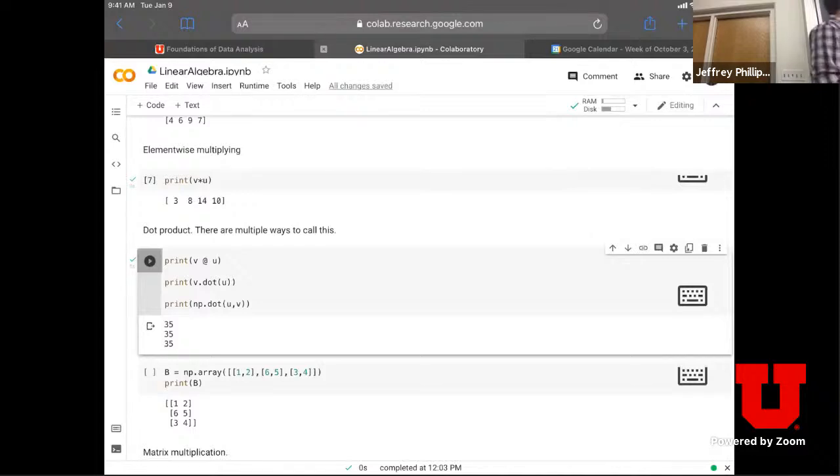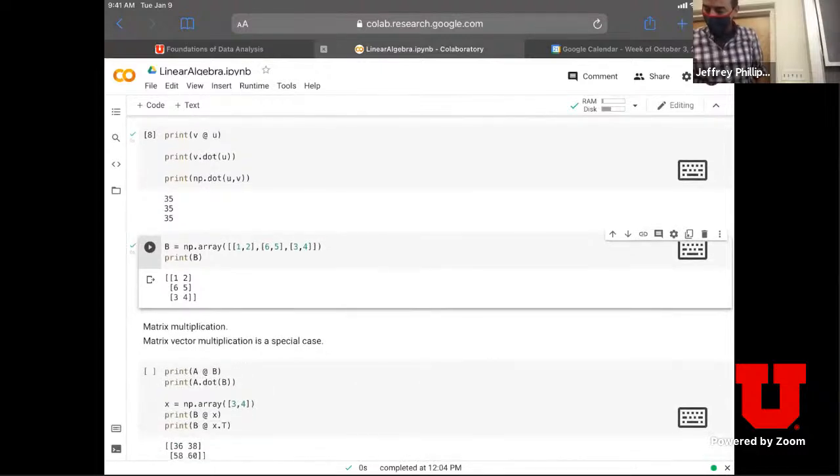So it's a function built into NumPy, or I can do np dot and it takes in 2 arguments. Sometimes you string together a few of these and the nesting of the parentheses is uncomfortable unless you're a functional programming person. With the at symbol, you can just chain them together. So that's often preferred. I've got another matrix here.